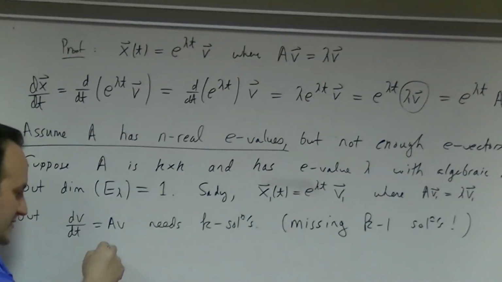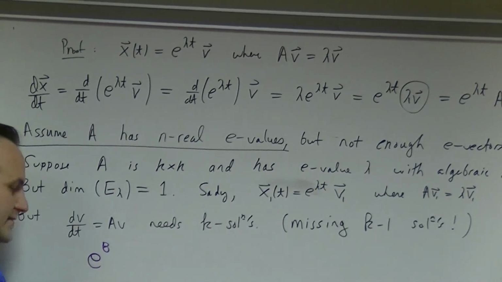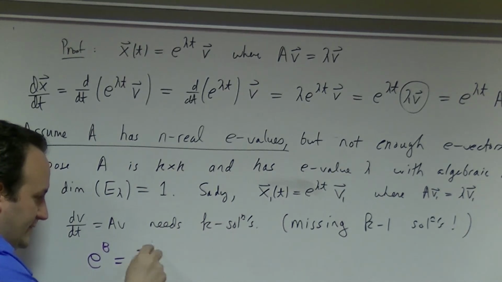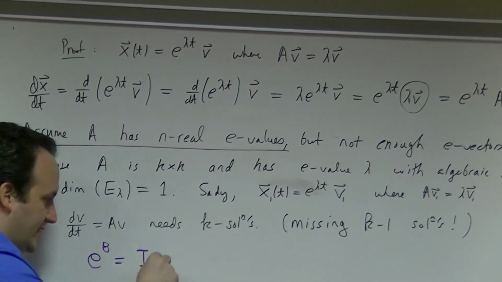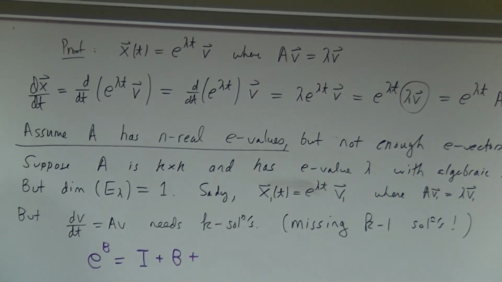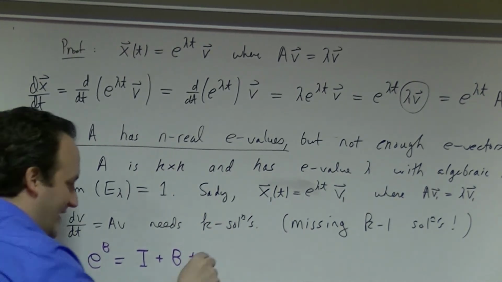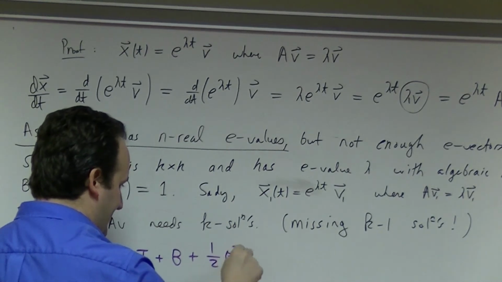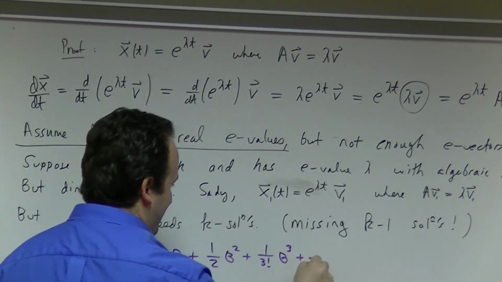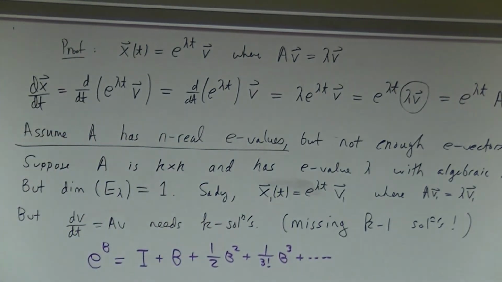You take e to a matrix, let's say B, and the way this is defined is you take I plus B plus 1/2 B squared plus 1 over 3 factorial B cubed plus, you get the idea. So you define the matrix exponential by its power series. But you notice this is a sum of matrices. It's really something new.